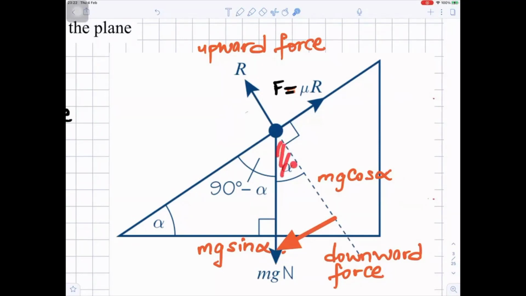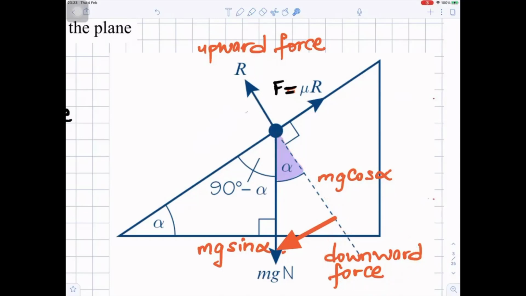So cosine of this angle alpha is adjacent over hypotenuse, and adjacent is what we want. So we can call that x. So x over the hypotenuse mg equals cos alpha. So x would be mg cos alpha. So the upward force is R, and the downward force is mg cos alpha.